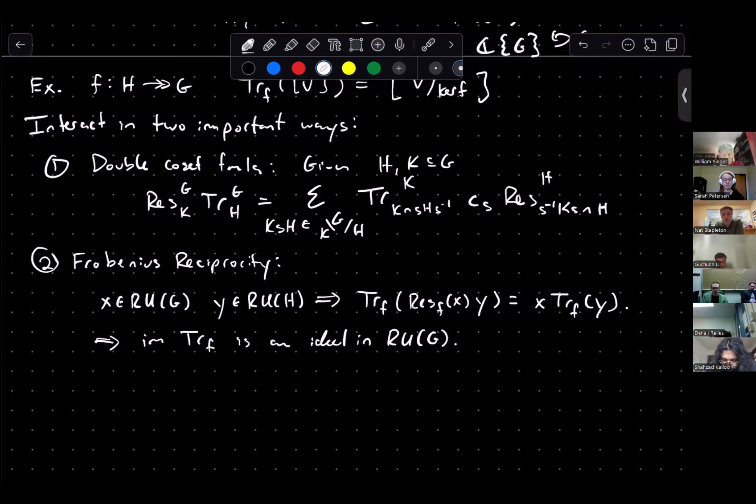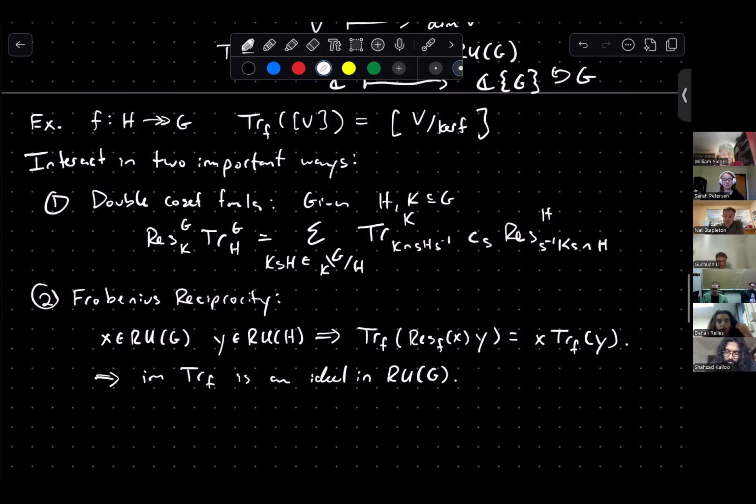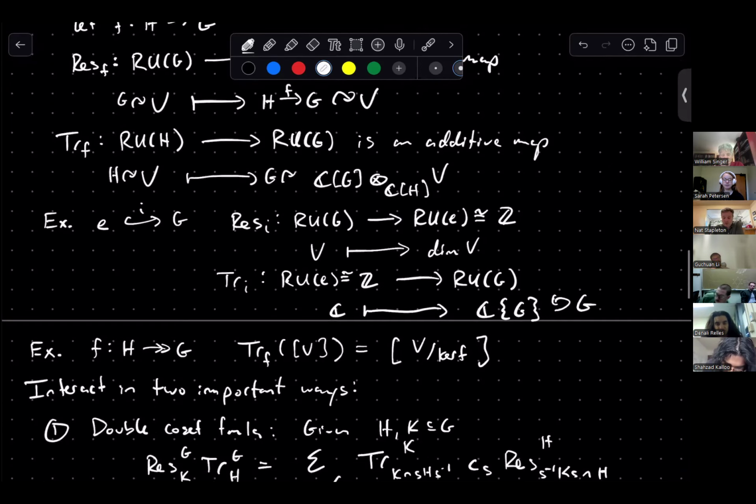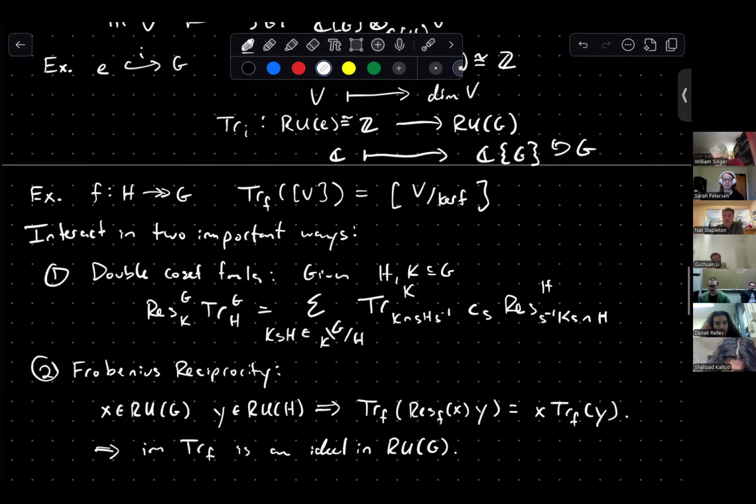So a global Green functor is a functor from finite groups to commutative rings, so that the restriction maps are ring maps, just like this one, with transfers along injections still, satisfying the double coset formula and Frobenius reciprocity. So this tells us what a global Green functor is.